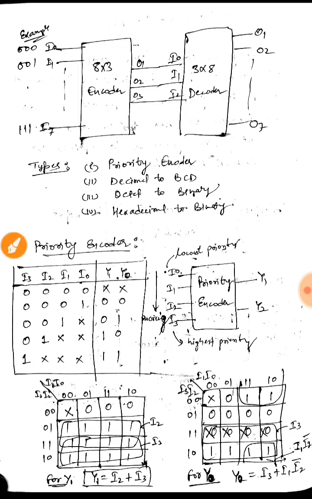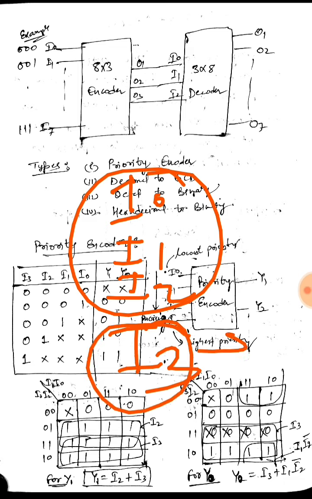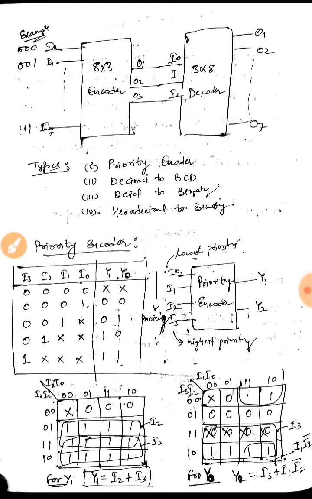That is, if I3 is high and it has the highest priority, so whether I0, I1 or I2 are high or low, it doesn't matter, I3 will transmit it first as it has got the highest priority. So let's write the truth table for that, as I have 4 variables, that is I0, I1, I2, I3.